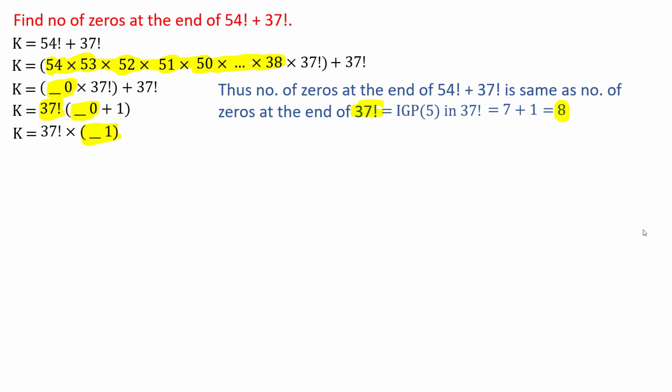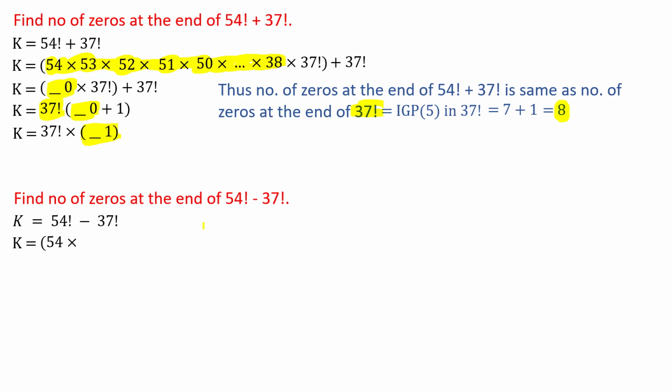After this, let's have a look at the next question. We are supposed to find the number of zeros at the end of 54 factorial minus 37 factorial. In this, 54 factorial we can write as 54 into 53 into 52 into 51 into 50 and so on till 38 into 37 factorial, and minus 37 factorial as it is.